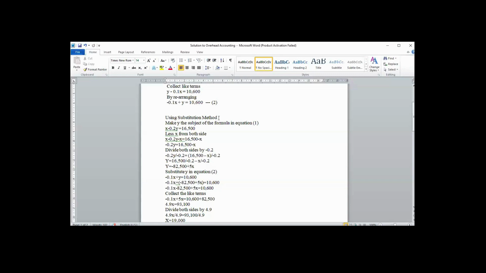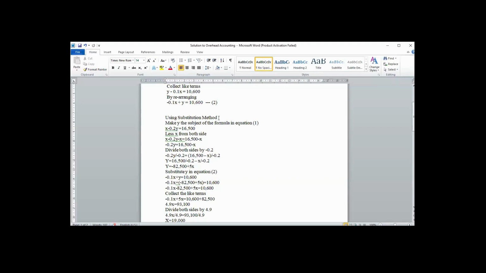Then we have minus 0.1x plus all the value of that y, we substitute it where y is. We now have plus, into bracket, minus 82,500 plus 5x equals 10,600. Nothing has changed except the value of y being substituted for y in that equation 2.